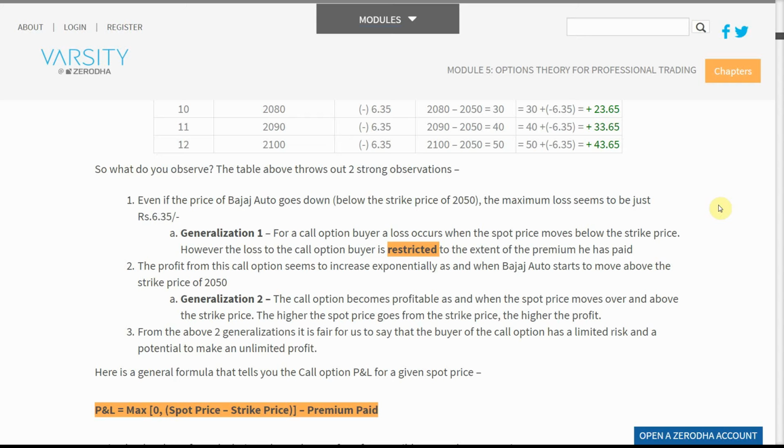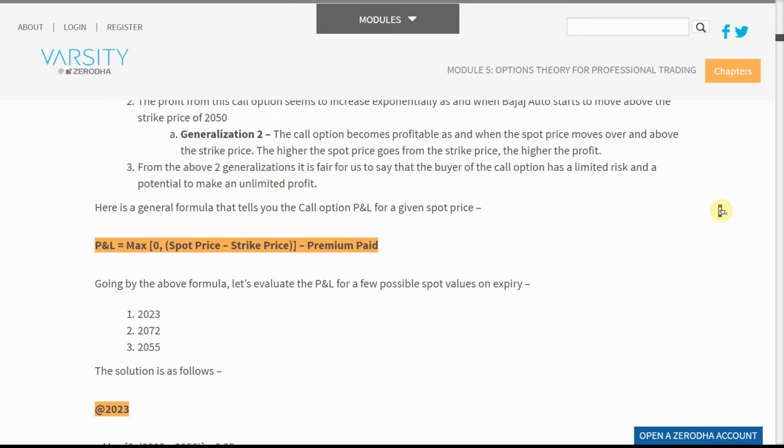Here is a general formula that tells you the call option P&L for a given spot price. P&L equals max of 0, spot price minus strike price, minus premium paid. Going by the above formula, let's evaluate the P&L for a few possible spot values on expiry: 2023, 2072, 2055. The solution is as follows.